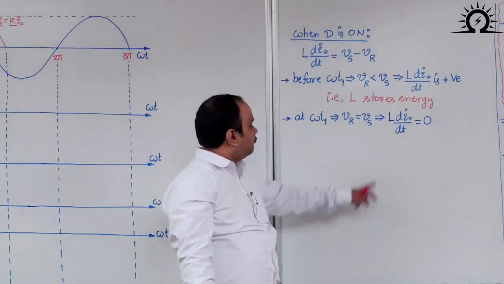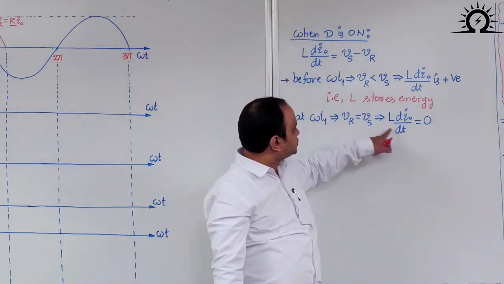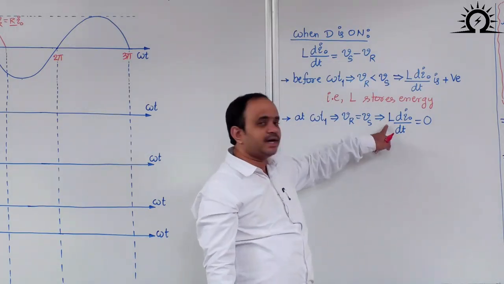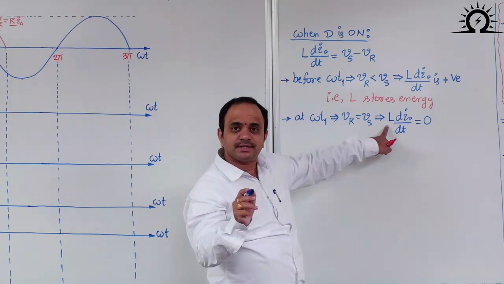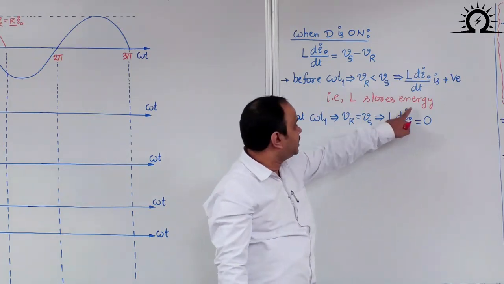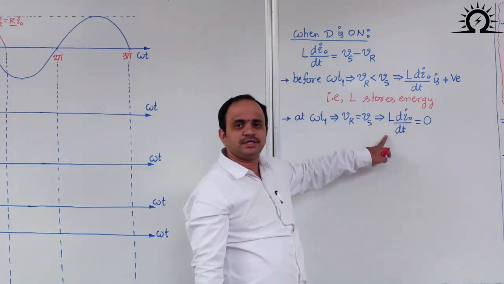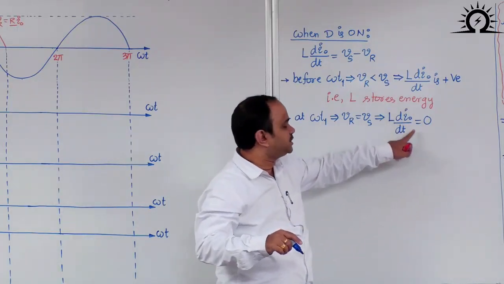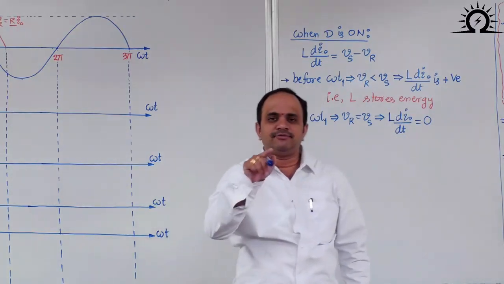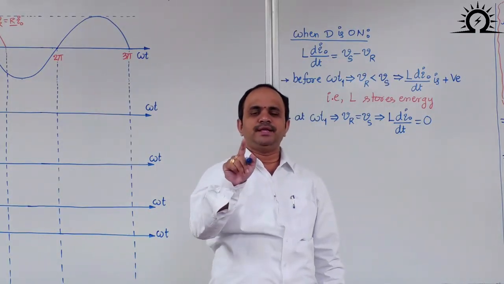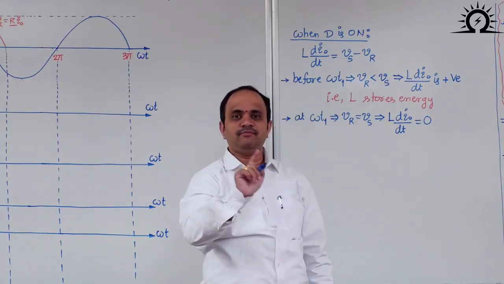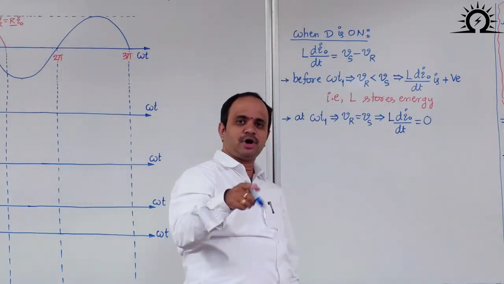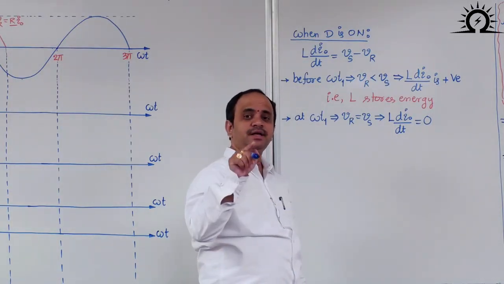Whenever the product of two terms is 0, we know that any one term is 0. But the inductor is not 0 here. Therefore, definitely di naught by dt is 0. Recollect from the basics: when di by dt is 0, the function will have either a maximum or a minimum value. So now again one more question, whether it is a maximum or minimum. Definitely it is a maximum.